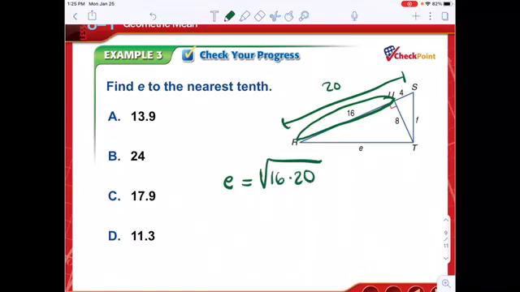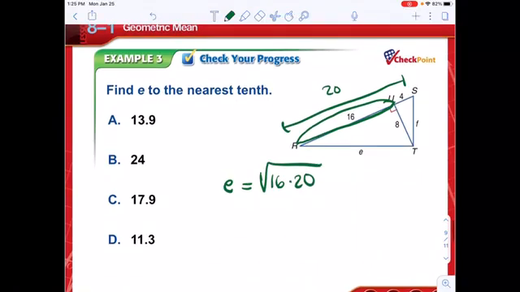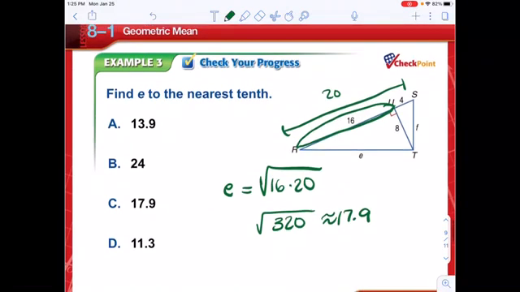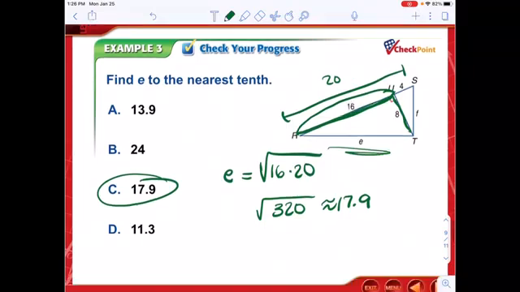Now this one I do believe we are just going to make into a decimal, or maybe it's a whole number, we'll see. 16 times 20 is 320. And I get that that is approximately 17.9. It's technically 17.8885, rounds up to 17.9. And you could have actually just done Pythagorean theorem, because we do have a 90 and we have the legs of the medium triangle.